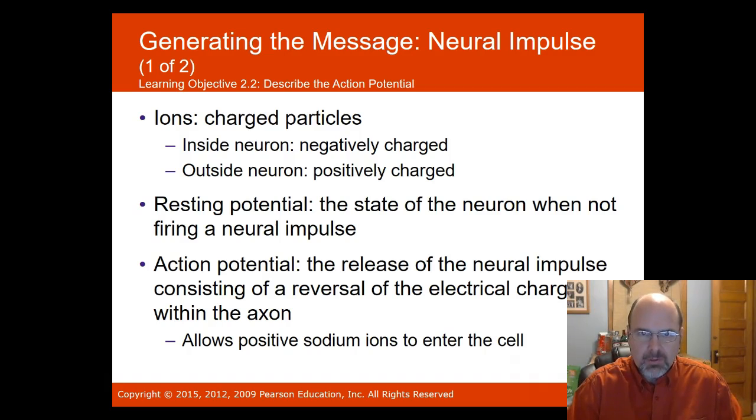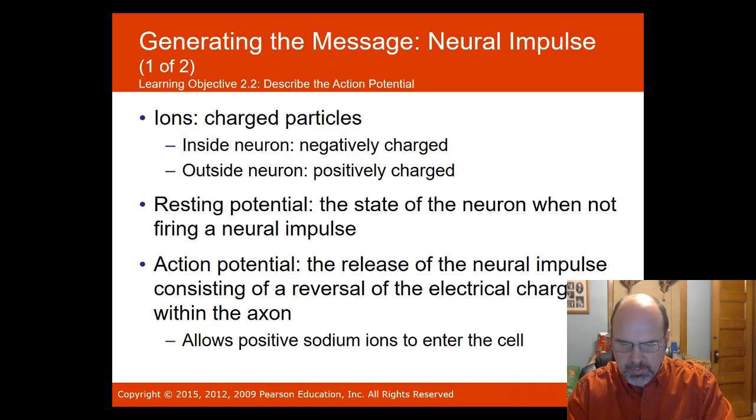Ions are charged particles. Inside the neuron, it's negatively charged. Outside the neuron, it's positively charged. The resting potential is when the neuron is not firing a neural impulse. Action potential is when a stimulus causes a release of the neural impulse, consisting of a reversal of the electrical charge within the axon. This allows positive sodium ions to enter the cell.